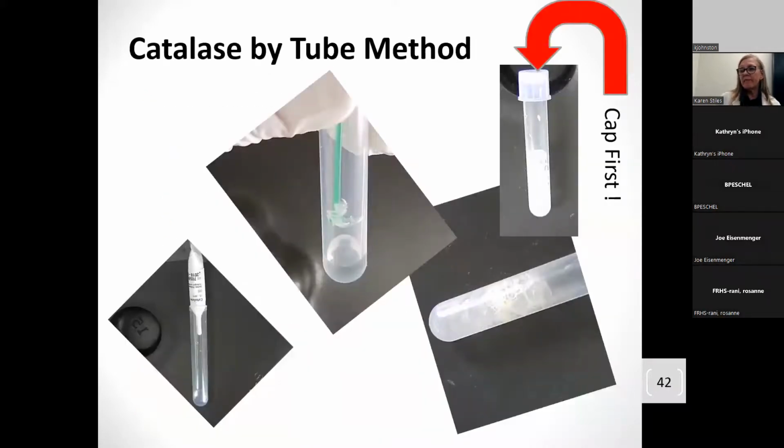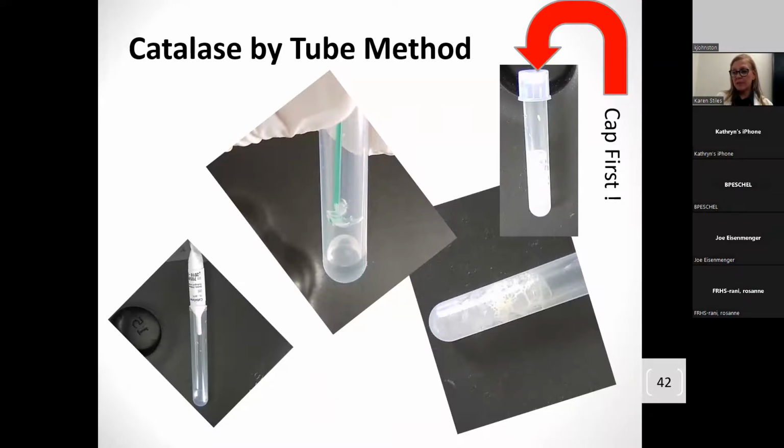The other one that I've been really promoting is doing the catalase by a tube method. I know you're very used to the slide, where you just put a drop on an organism. But if you think about how you're putting your face right down to look for bubbles, you are aerosolizing right into your nasal area.